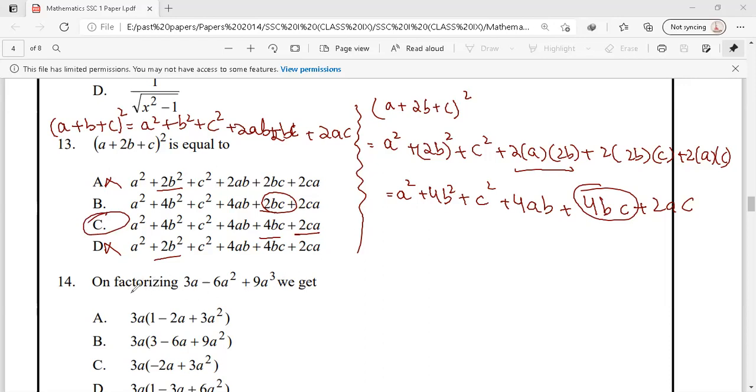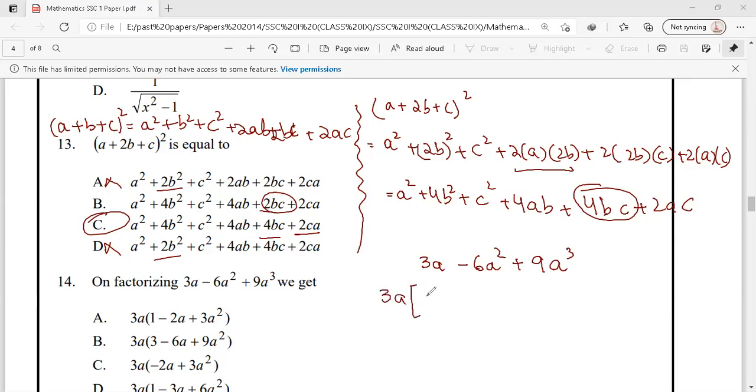Let's see, in question number 14, we have to factorize this expression 3a minus 6a square plus 9a cube. So first of all, let's take the common factor 3a. 3a would become common.